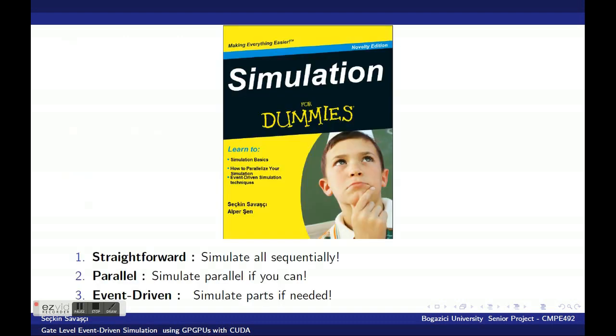And let's dive deeper into simulation. We have mainly three types of simulation. First of all, we have a straightforward one. What is it all about? If you're writing a simulator, you get a circuit, you know gates and nets, and you simulate all of them in each time step in a sequential manner. Second one is parallel.